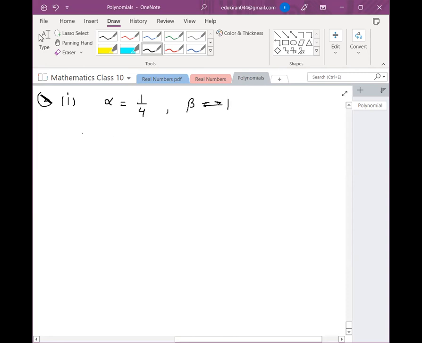Okay, now you can note it down here, put a box and write. This is the general formula I'm telling you.